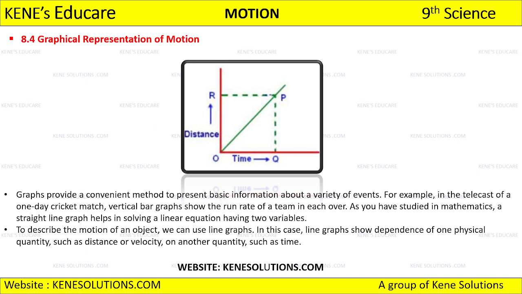After this example, we discussed the graphical representation of motion. How will the line graph look once you draw it, comparing the motion and the speed, right? So I just want you all to please go through it quickly.